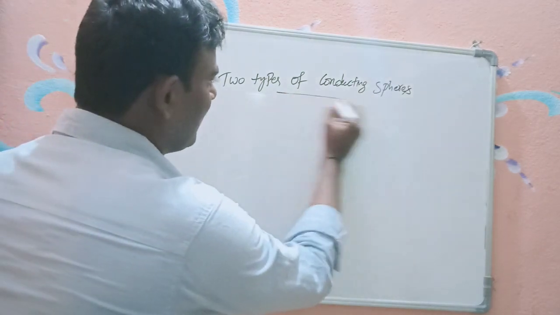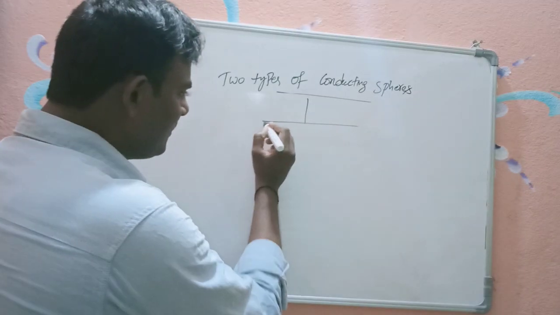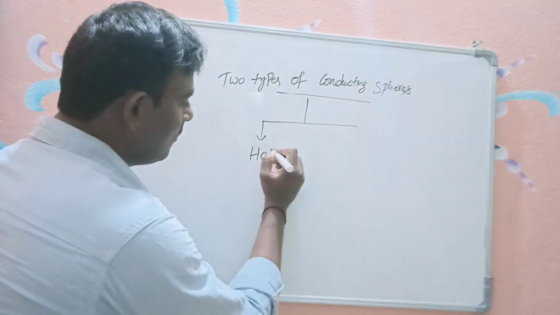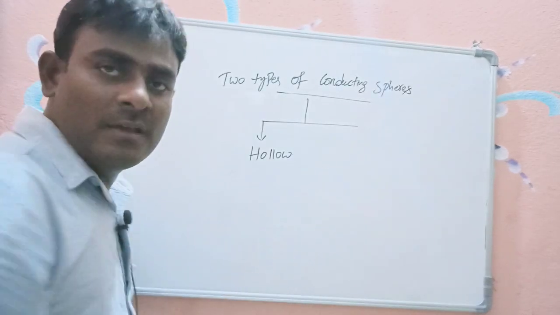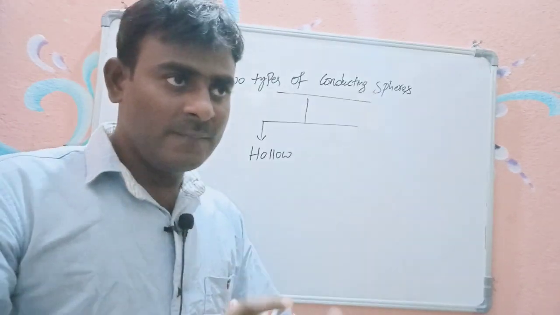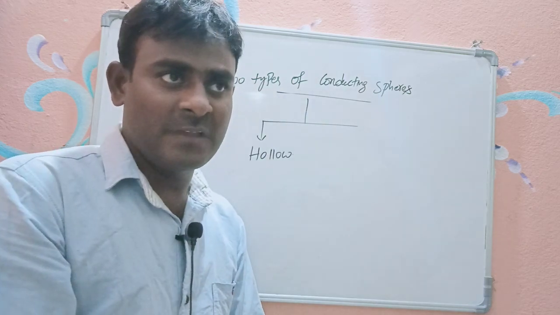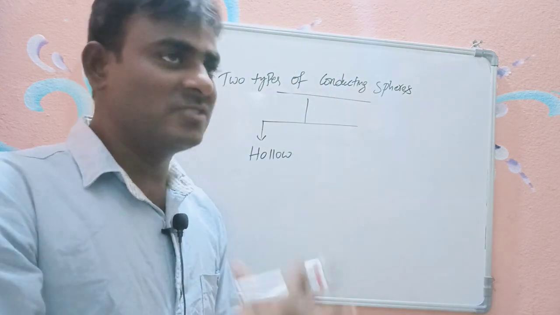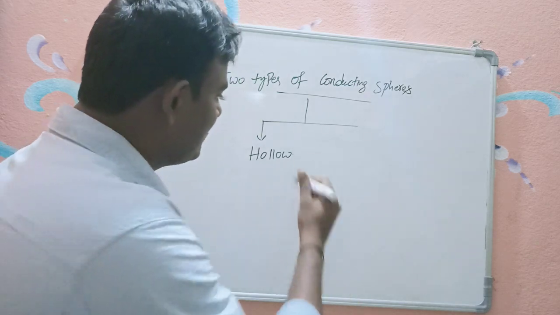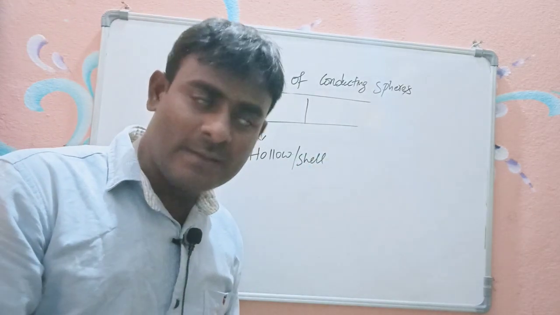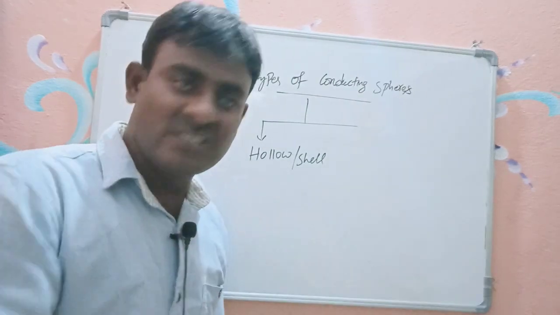One is the hollow conducting sphere. Hollow conducting sphere means there is no material inside this sphere. It is an empty sphere. So this is called a hollow sphere. Sometimes we call it a shell, a spherical shell or a hollow conducting sphere.